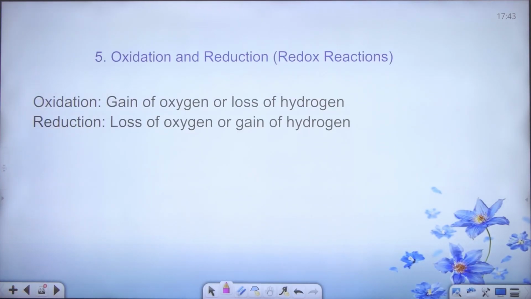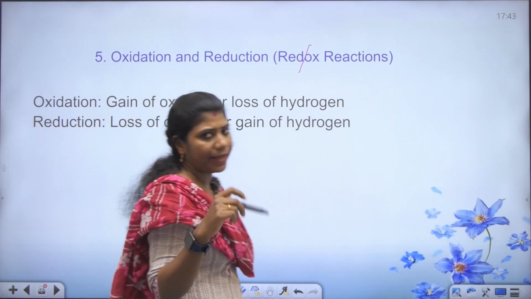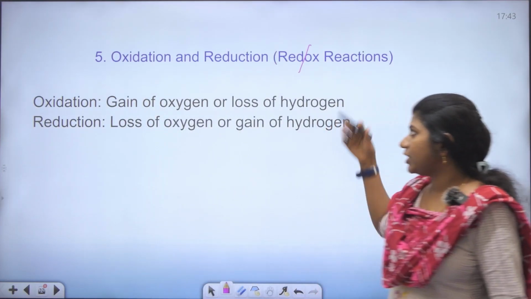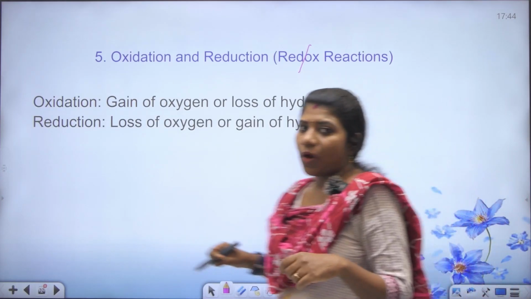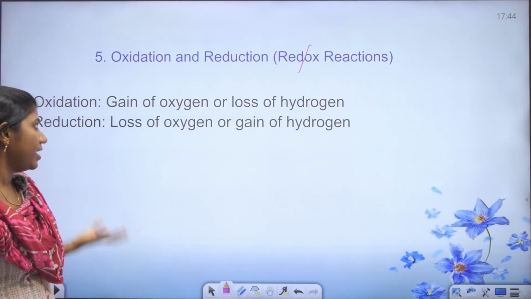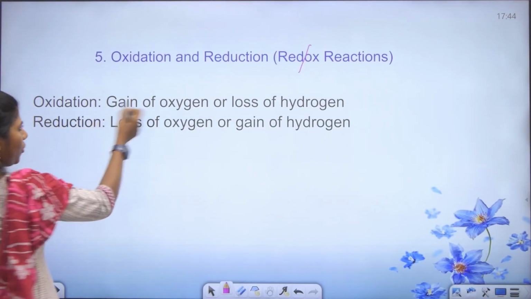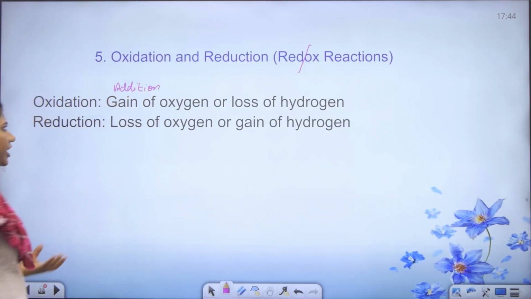Then next one, oxidation and reduction, or redox. Redox means reduction and oxidation reaction. Oxidation means addition of oxygen, or gain of oxygen.